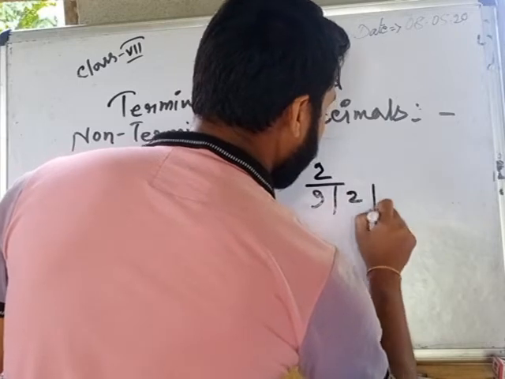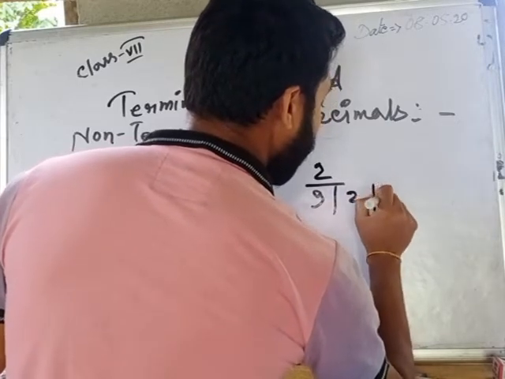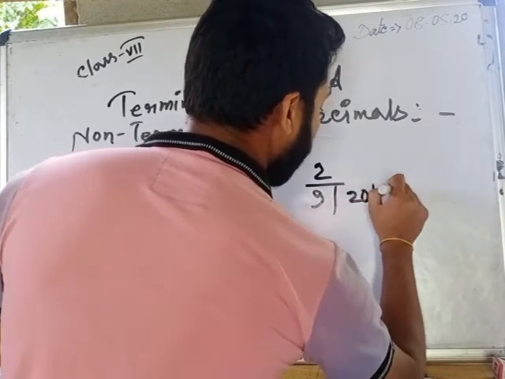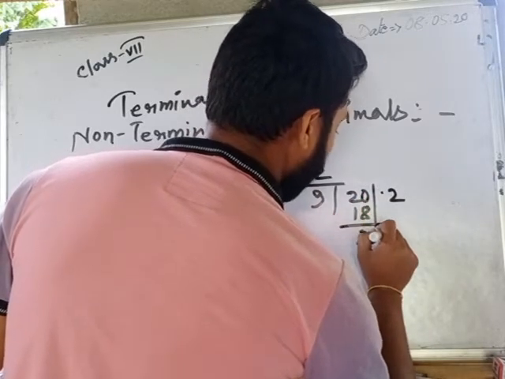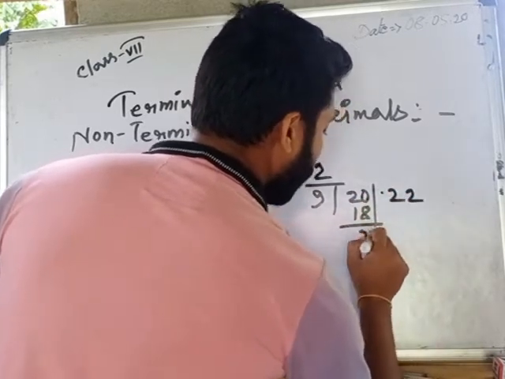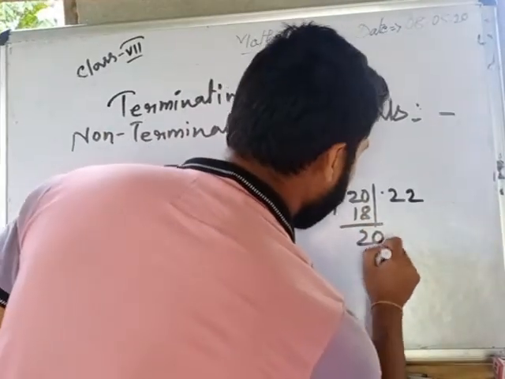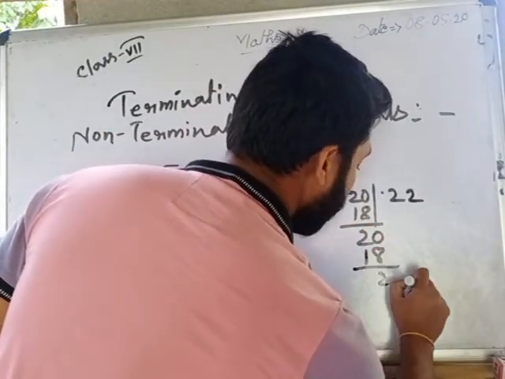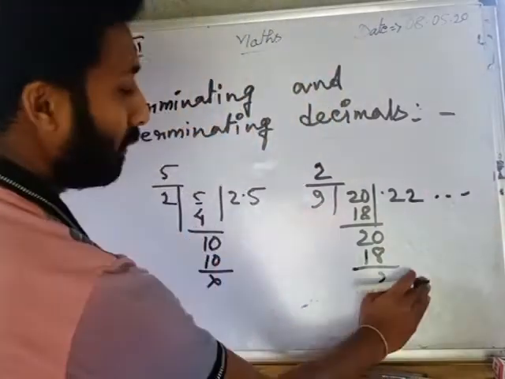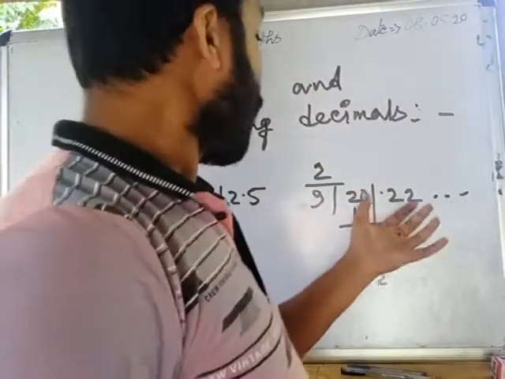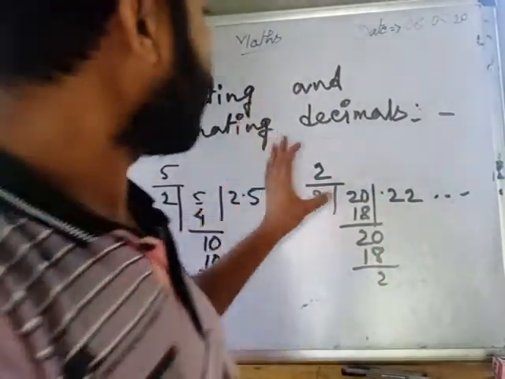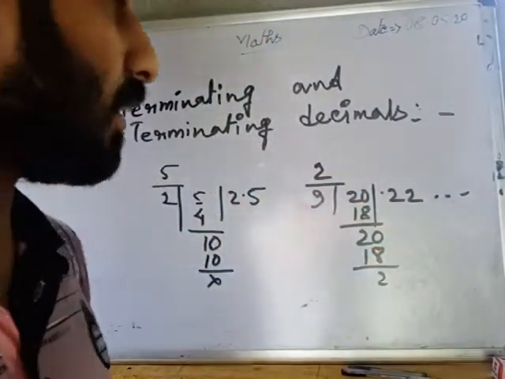But if it is 2 by 9, point is in here, 9 2s are 18, 2 left, once again 0 take out, and 9 2s are 18 once again, the same left. Okay, that means we find this time the division doesn't end.